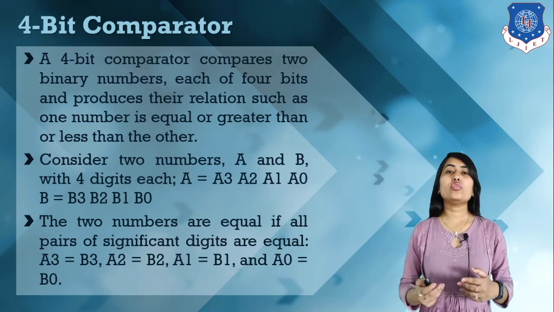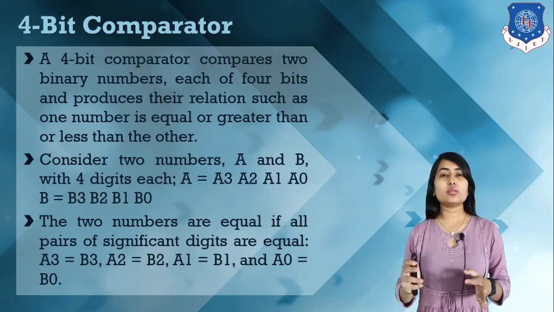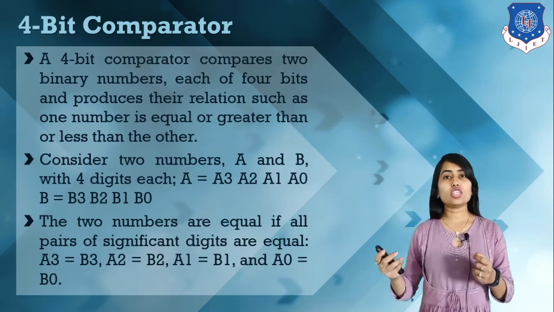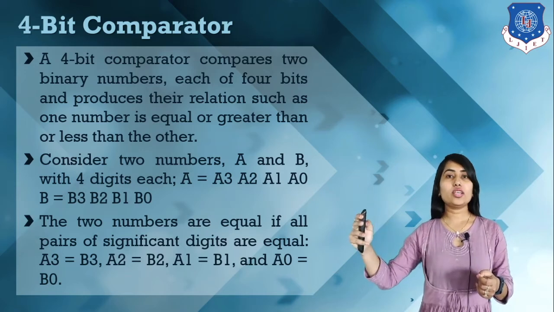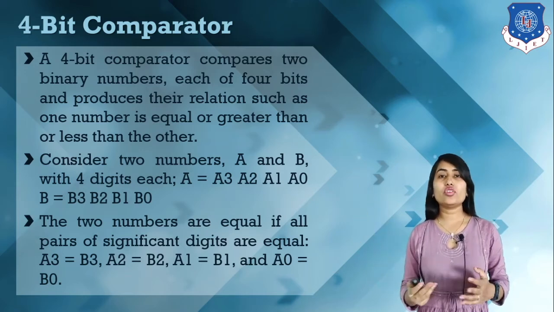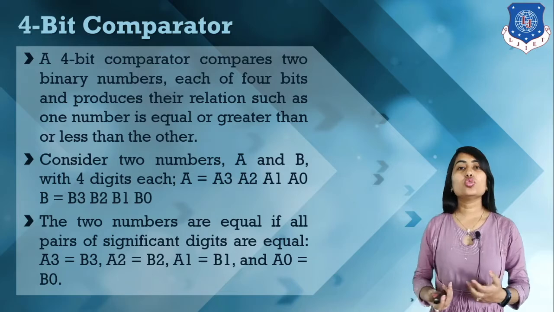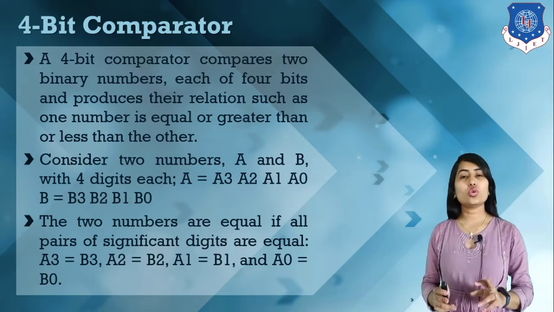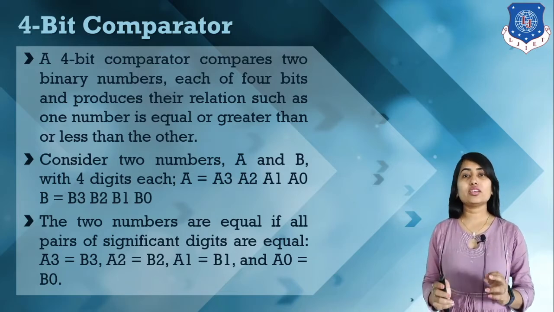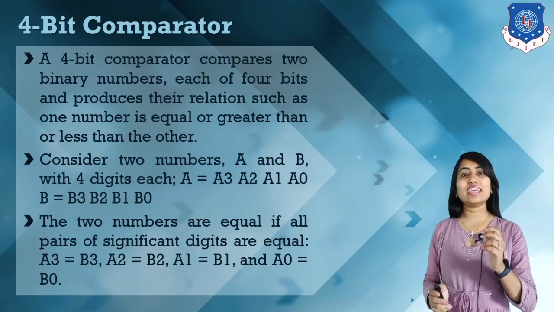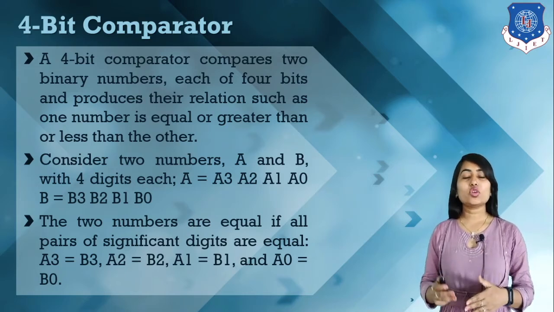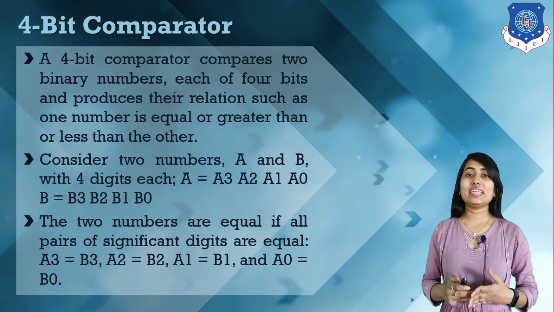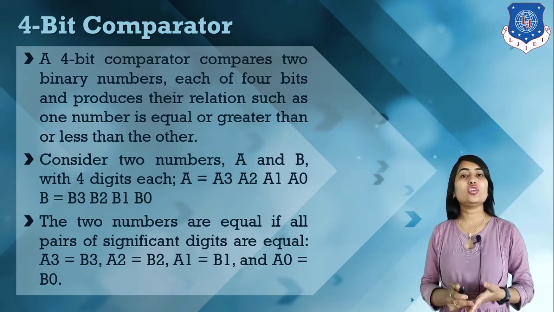So we can calculate equations by just extending the equations of the 1-bit and 2-bit comparators. For that we just have to go through this concept of comparisons. How can we calculate the equations for A greater than B, A less than B, or A equals B in a 4-bit comparator?